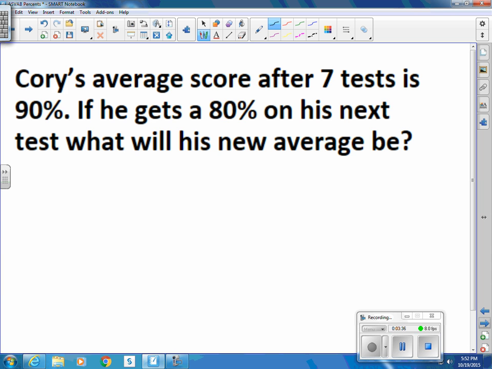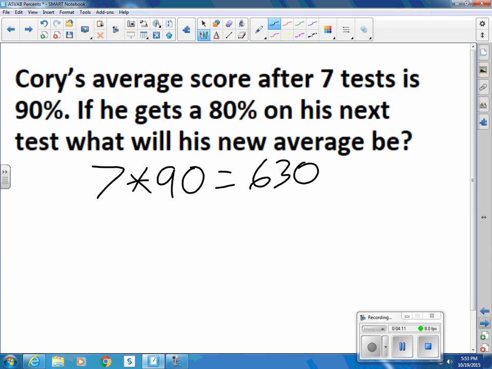Corey's average score after 7 tests is 90%. If he gets an 80% on his next test, what will his new average be? Well, let's find out how many. If we say 7 times 90%, we have 7 tests at 90% as an average anyways. That would give us 630 points. If we say there's 90 out of 100.